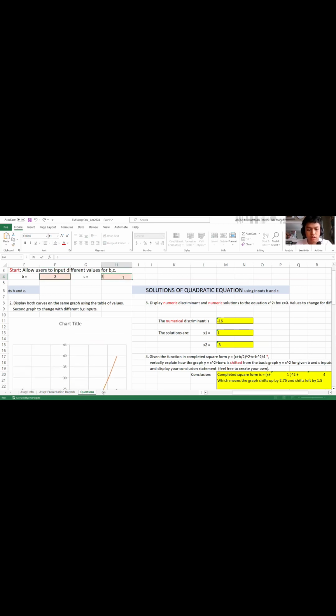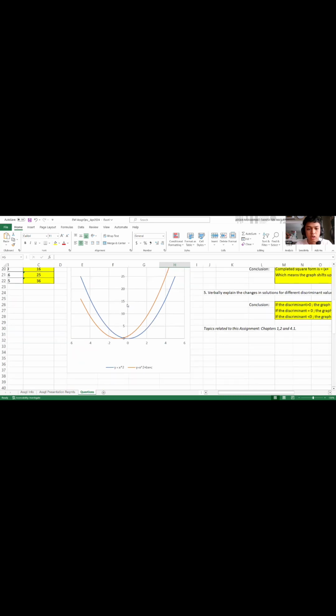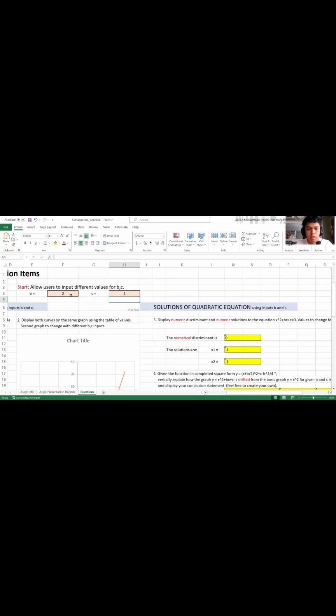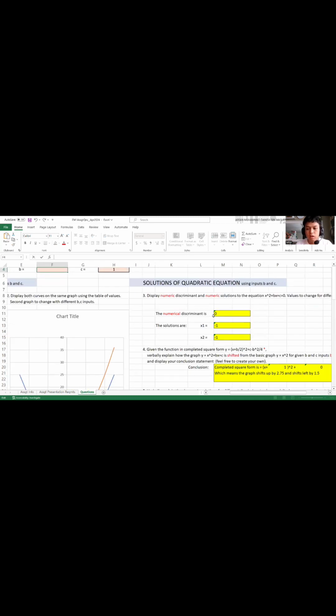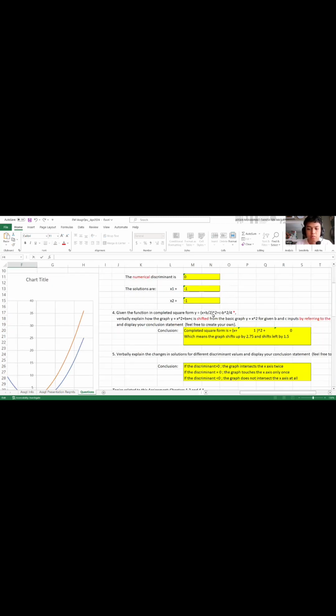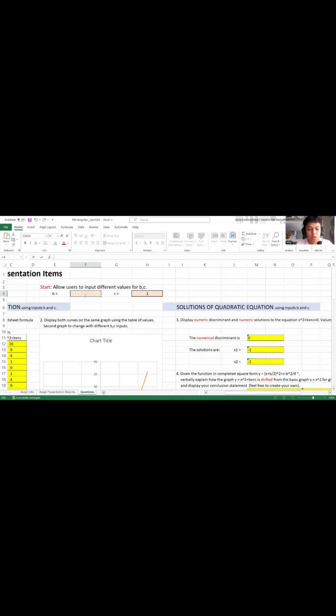We should notice that the graph touches the x-axis only once, and if the numerical discriminant is more than 0, which we can see over here by changing the value of b to 3, as you can see, the graph intersects the x-axis twice, following my conclusion in question 5.